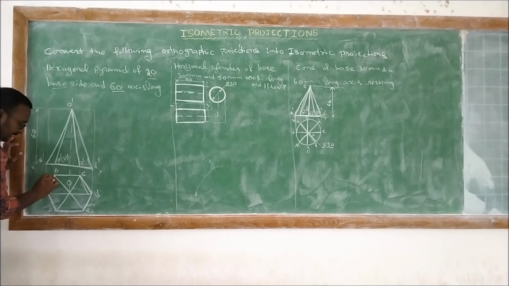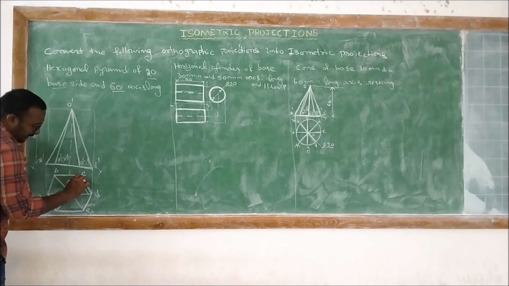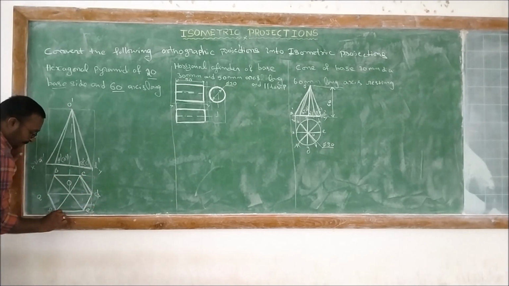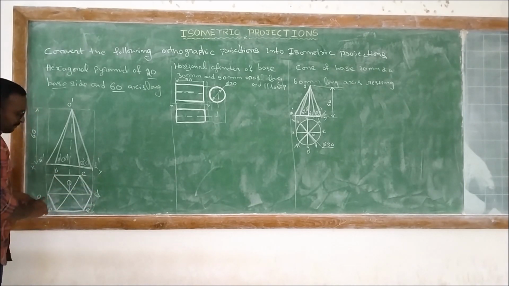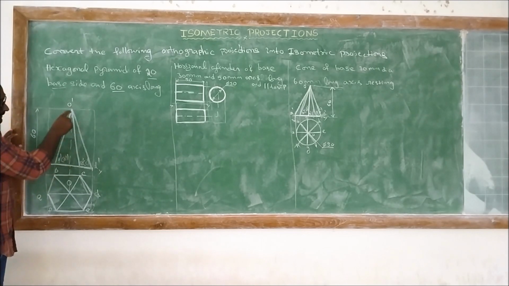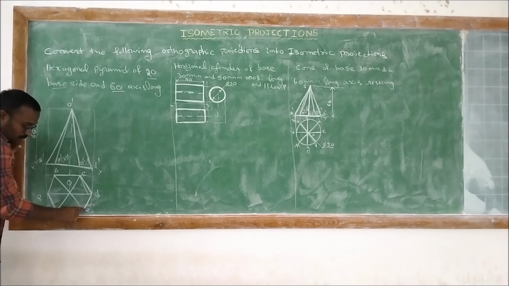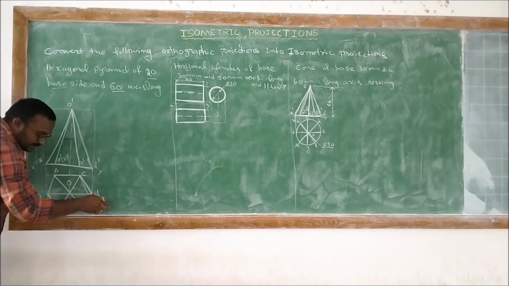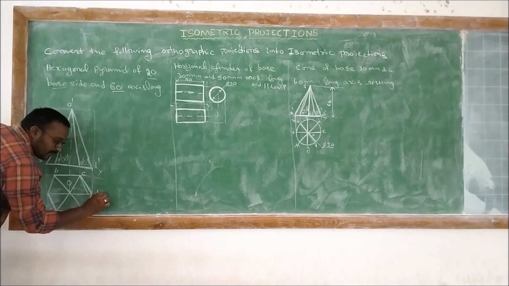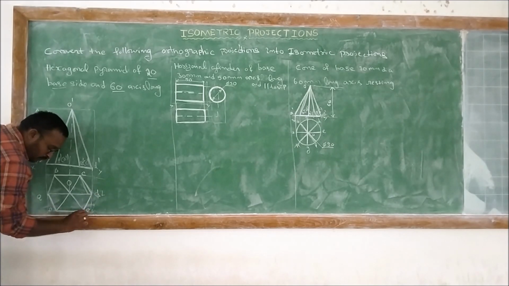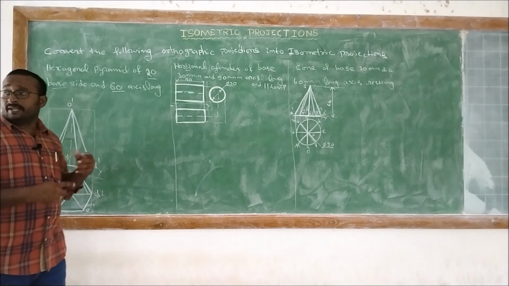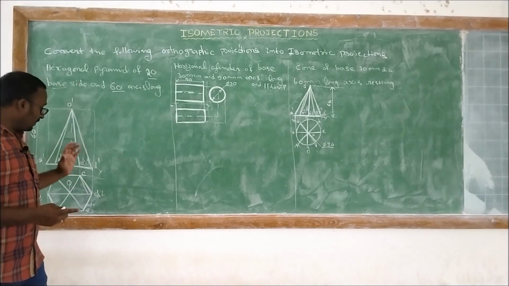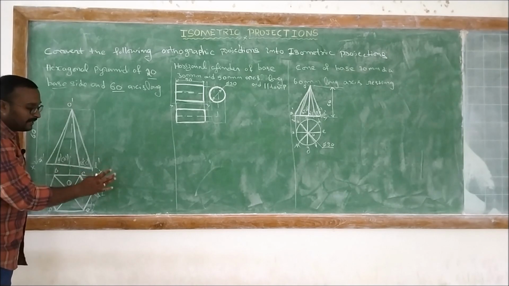Here this is the front view and this is the top view, and this is the outside box dimension. So here it is the length of the box, height of the box, and width. Based upon these dimensions, we need to create that particular isometric view.